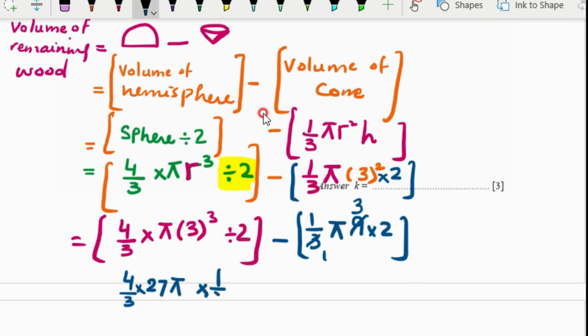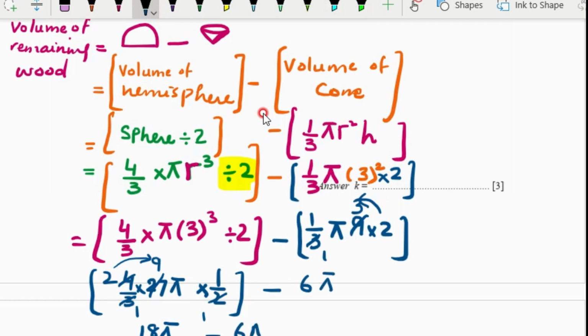Now you can take its reciprocal. 3 ones are 3, 3 9s are 27, 2 1s are 2, 2 2s are 4. You can do the cancellation and get the answer. 2 9s are 18 pi, and here 3 2s are 6 pi. So 18 pi minus 6 pi, finally we are getting the answer 12 pi.